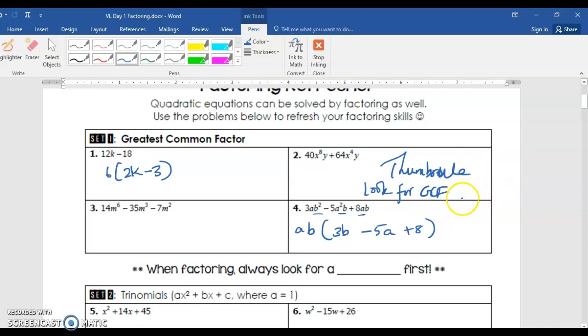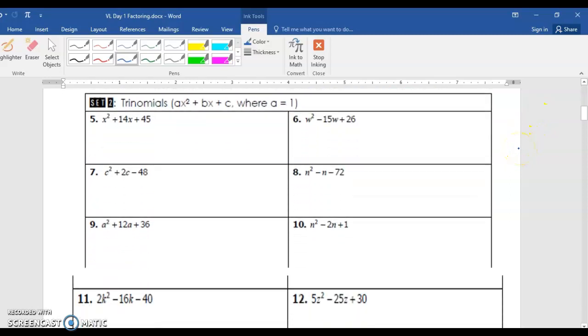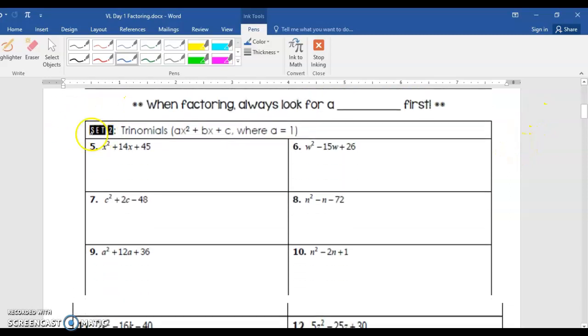Okay, all right. So now let's move on to this situation. Again, a small little intro into this. Let's say x plus 9 times x plus 5, and you have to multiply it using your favorite method.